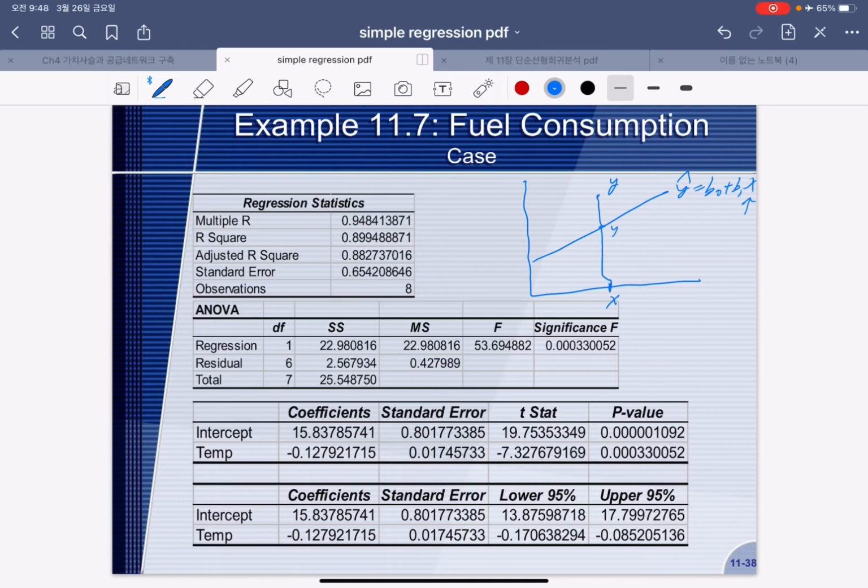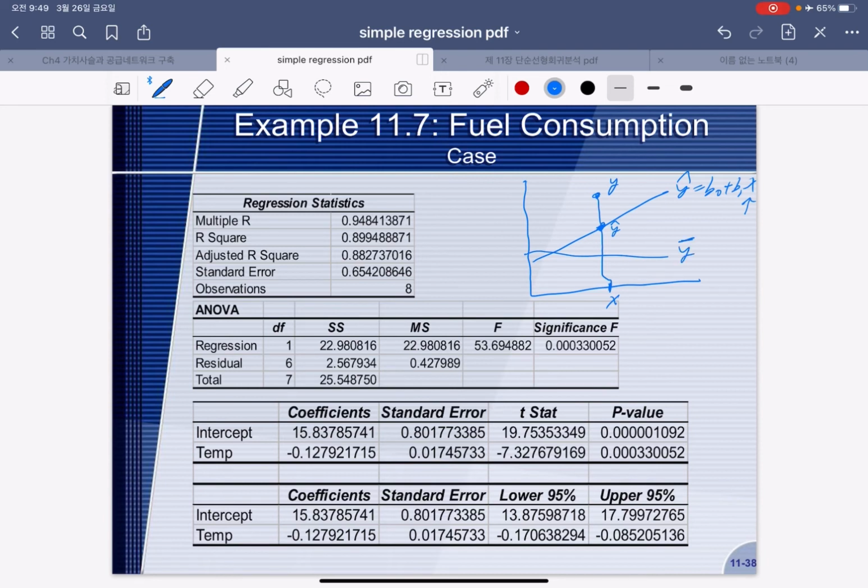This one is the y hat value, and this is y, the actual y. And suppose that you don't have any data on x. Then what is the best predictor for y? In that case, you need to use y bar. So if you don't have any data on x, you have only y's, then the best predictor for y is to use the mean of y, that is y bar. Suppose this one is y bar.